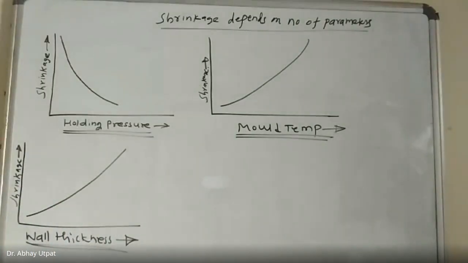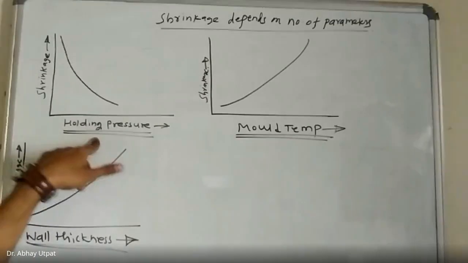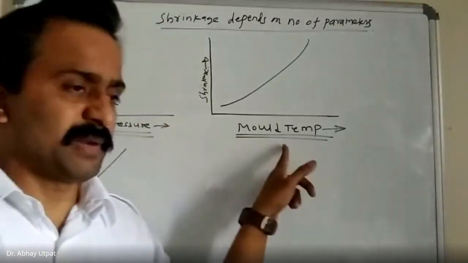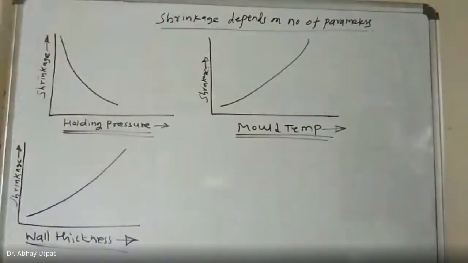That's why it is recommended that your parts should have minimum or optimum wall thickness. So the first parameter is holding pressure. Second parameter is mold temperature. Third parameter is wall thickness. Fourth parameter is holding time.